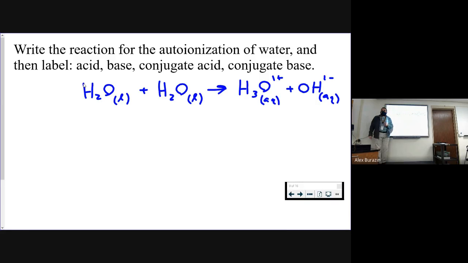Now, as weird as this sounds, this reaction is a real thing. Water can autoionize. This reaction is rare. If you have like 100 trillion water molecules, this will happen like once.